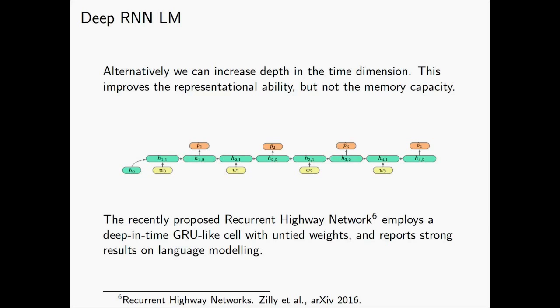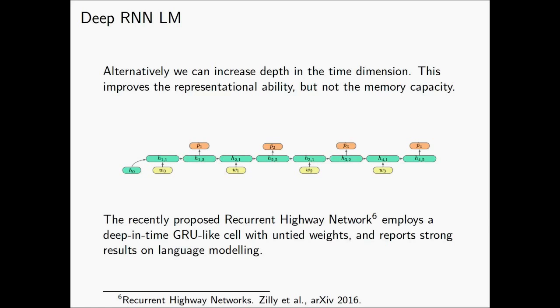And now you can see that the path again from the input to the output is deep in the sense that it's going through multiple nonlinear layers, but in a different way to if we have depth in the vertical. Now, you can also see that this is not increasing our memory because we still have one recurrent sequence. But it is increasing our representational efficiency, hopefully.